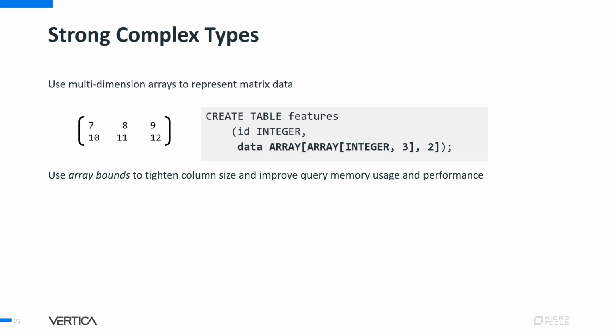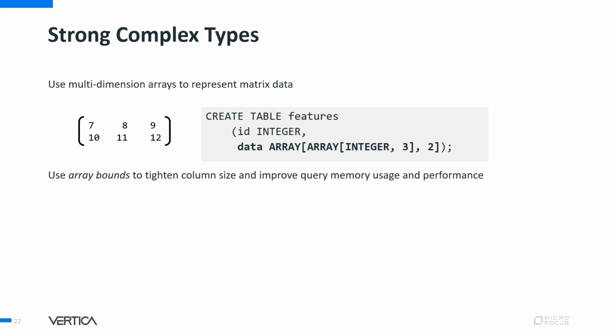Yet another advantage of strong complex types is that they cover other use cases too. For data science and machine learning, we might want an intuitive way to represent matrix data inside our database. Matrices map very well onto two-dimensional array columns. You can even include the number of rows and number of columns.